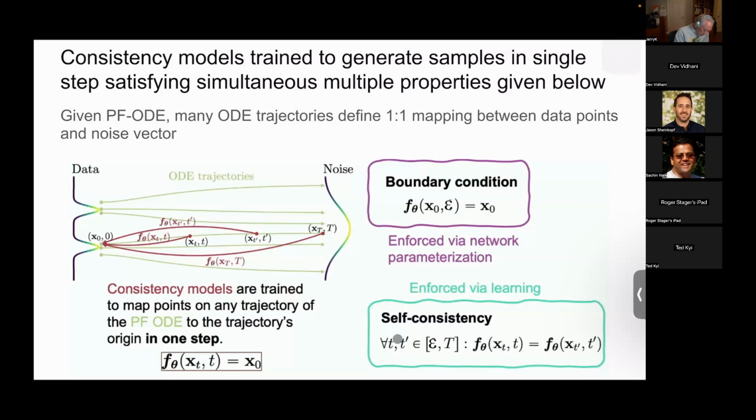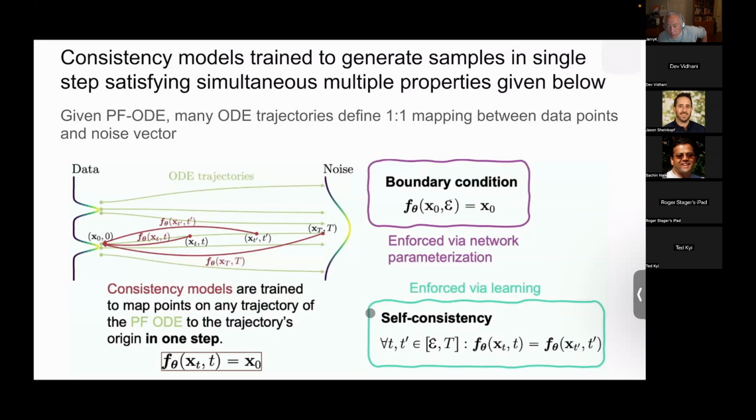And the second one, which gives the name consistency model, is the self-consistency constraint: for any two timestamps t and t prime, both between epsilon and t, of course, not 0, the output of the consistency model f theta should be the same value, which is the origin essentially.